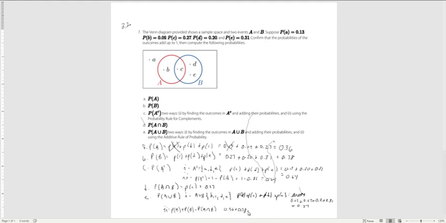And we just did the intersection in D. So if we add those together, that takes us over 1, the 0.27 takes us back below 1, back down to 0.87. There we go.